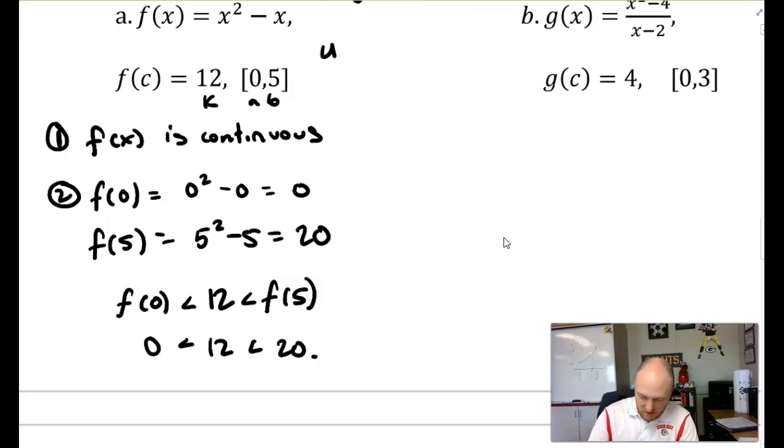So yes, IVT applies, and we'll talk about our conclusion in a moment. But those are your two conditions, and when everything is peachy, most of the time on the AP test, it's peachy, you just have to show those two conditions.